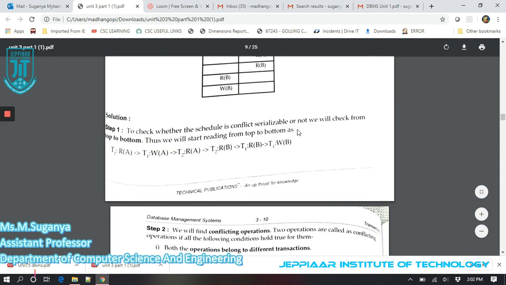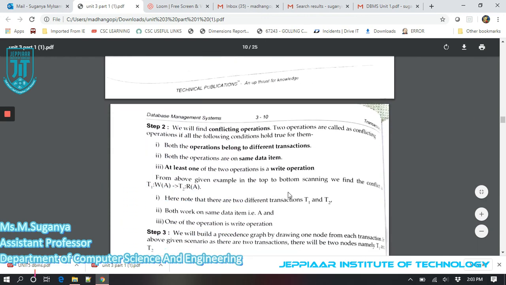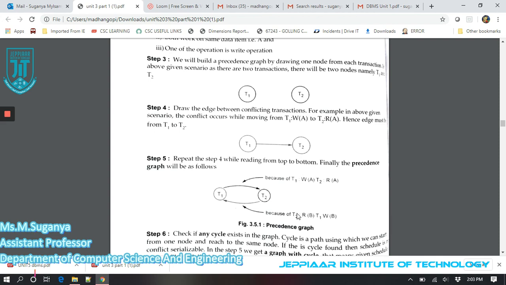Here in the schedule, T1 performs a write operation on A, and T2 performs a read operation on A, then T2 reads B, T1 reads B, and T1 writes B. With this we are going to draw the graph. Draw the edges, and if it is cyclic, it is not conflict serializable; if not cyclic, then it is conflict serializable.